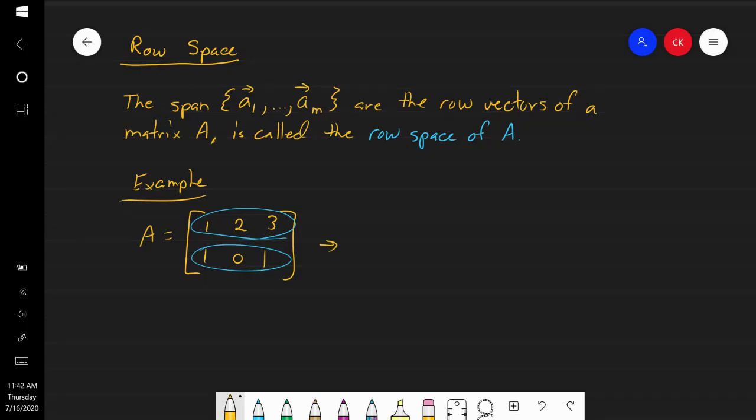So using the notation above, A1 would be the first row associated with a vector, which would be 1, 2, 3. And of course, then A2 would be equal to the vector in the second row, which would be 1, 0, 1.